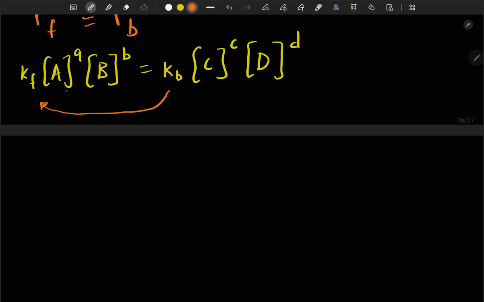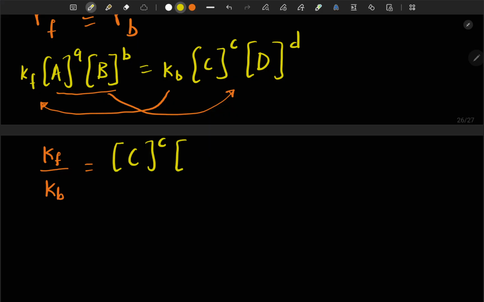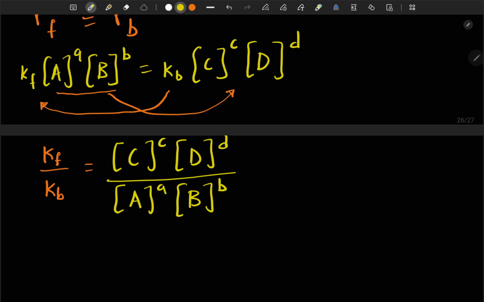Okay, so now if we carry the rate constant of backward reaction to the left hand side and transfer these two to the right hand side, we are going to have Kf over Kb is equal to concentration of C raised to power c, concentration of D raised to power d, all over concentration of A raised to power a, concentration of B raised to power b.